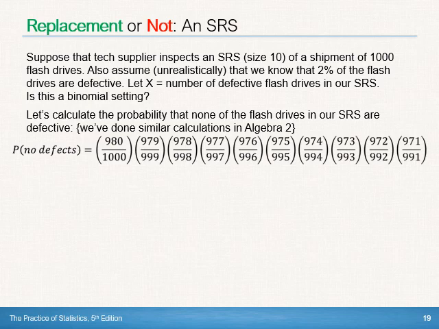So what's the probability that the first one I pull out works? There are 980 out of 1,000 that are working. And now what about the second one? Assuming, of course, the first one is working, then now there's 979 out of 999.